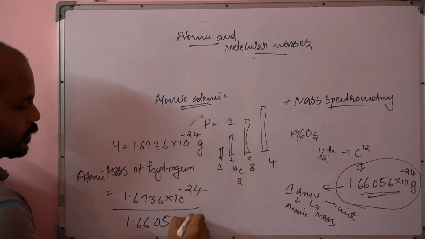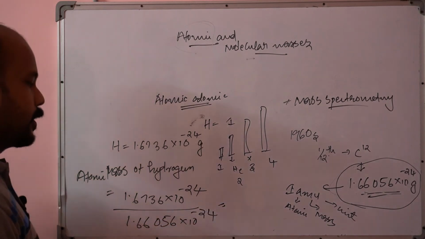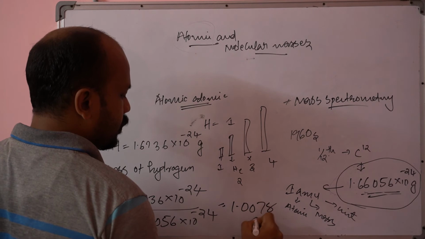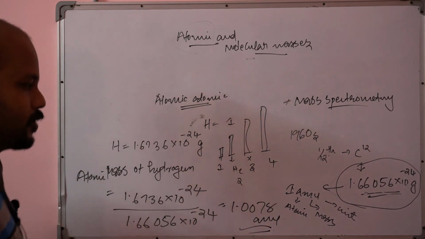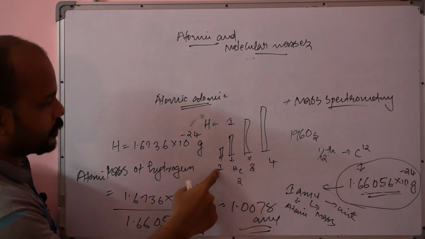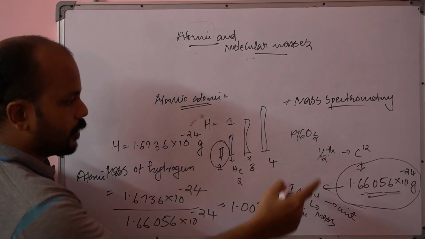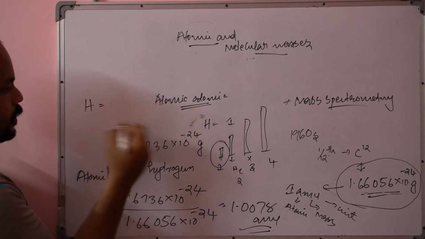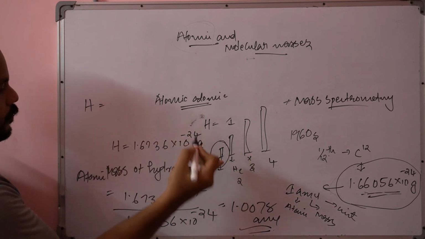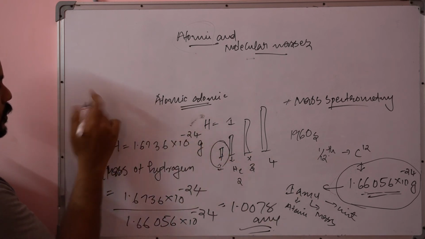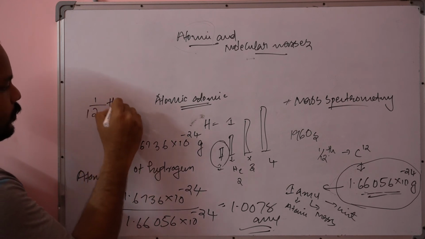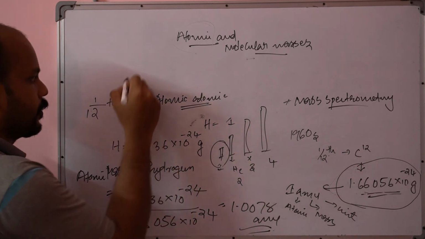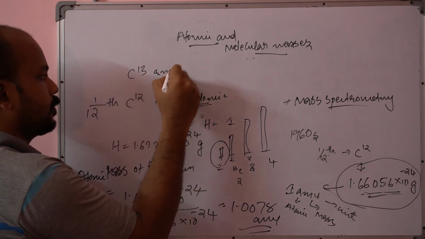By the way, carbon 12 is one of the isotopes of carbon, apart from C13 and C14.